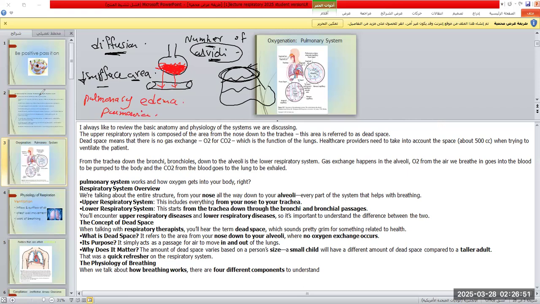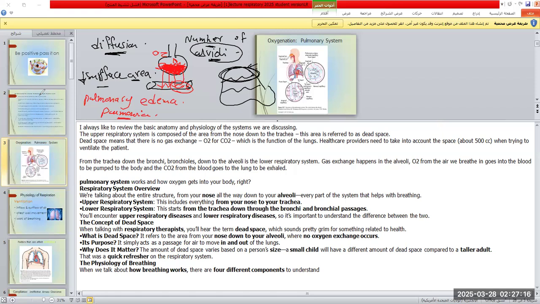Pneumonia, in Arabic, is التهاب رئوي. Important. Pneumonia will interfere with the diffusion of oxygen to the blood and also will interfere with CO2 getting out from the blood to the alveoli. So the patient will suffer from hypoxemia at first, then hypoxia.